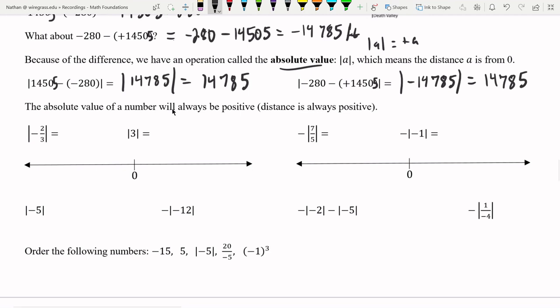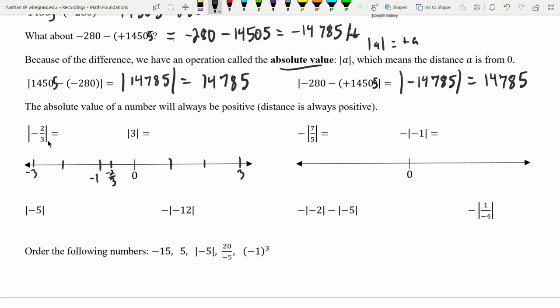Okay, here we have negative 2/3, and I'm going to show that here on this line. I also need to have 3 on here, so I'm going to go 1, 2, 3. Go negative 1, negative 2, negative 3. Negative 2/3 is going to be 2/3 of the way down to negative 1.